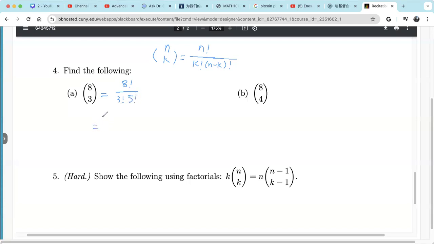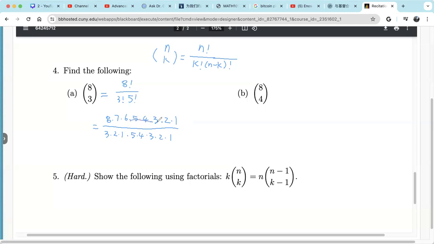And what's the definition of factorial? That means the product of the counting numbers smaller than or equal to 8, right? So 8 times 7 times 6 times 5 times 4 times 3 times 2 times 1. 3 factorial is 3 times 2 times 1. 5 factorial is 5 times 4 times 3 times 2 times 1.